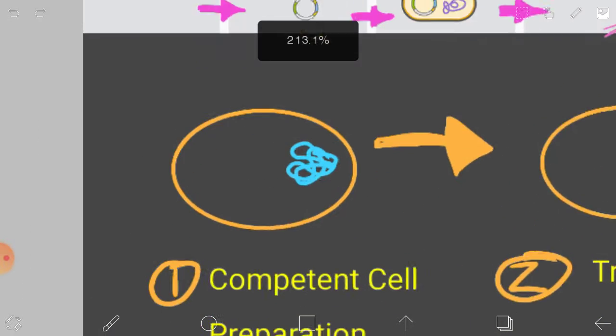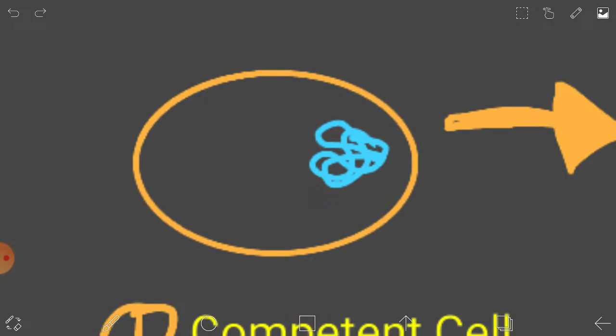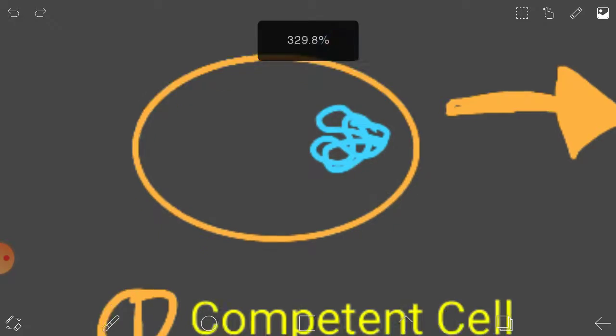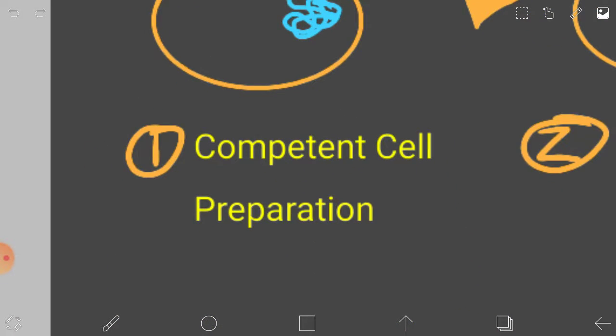Now, as you can see, this is called competent cell propagation because you don't have a competent cell, or the bacteria or cell you have isn't competent.